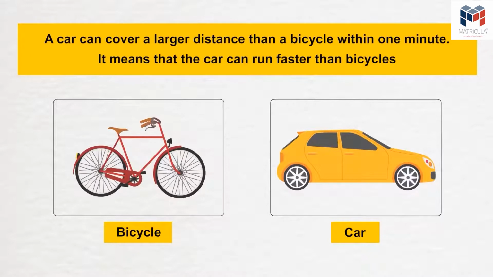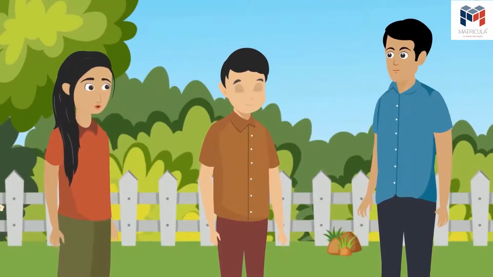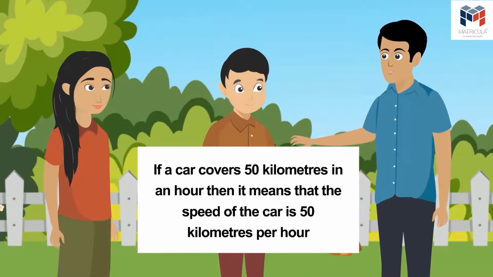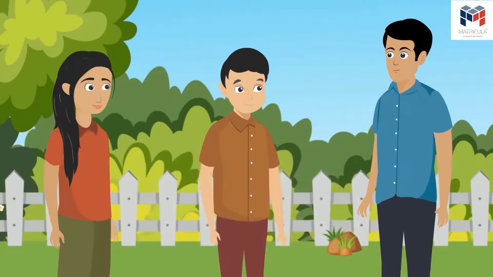It means that the car can run faster than a bicycle. Bhaiya, is there any standard unit of measurement of speed as well? Yes, if a car covers 50 kilometers in an hour, then the speed of the car is 50 kilometers per hour. So, the standard unit of measurement is kilometers per hour.